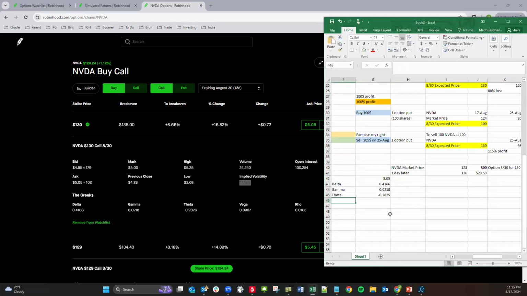So let's go here. So if my volatility changes, now it is currently at 77.18% to, let's say, 78.18%, then it is going to add 0.0907 to my overall premium.